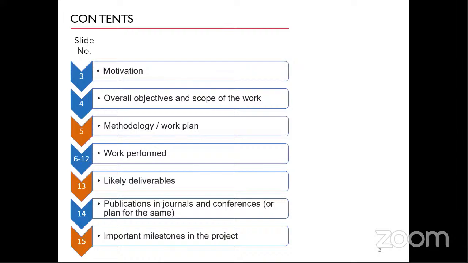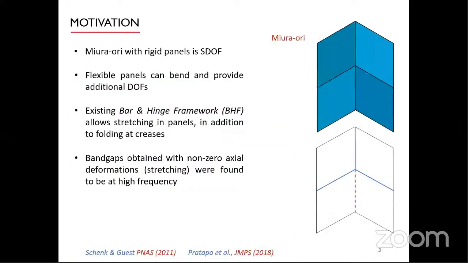This is a brief overview of topics I'll be covering in this talk. Wave propagation demands a medium with multiple degrees of freedom. Conventional Miura-ori with rigid panels has a single degree of freedom and cannot allow wave propagation.